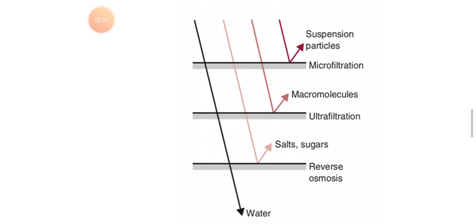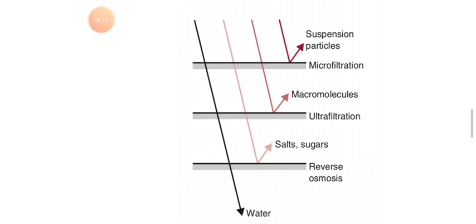Here I have shown one figure, and it defines microfiltration, ultrafiltration and reverse osmosis. What is the meaning of these? Firstly, microfiltration. In microfiltration, the pore size is quite large, and it allows the passage of certain components, but it retains some particles, known as suspended particles. So microfiltration is used in that condition.